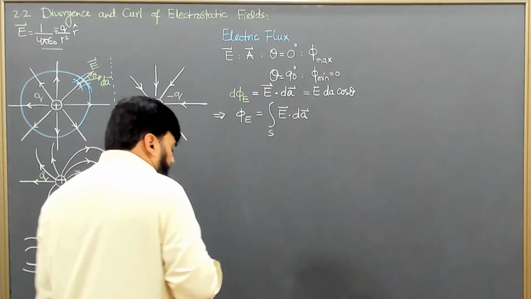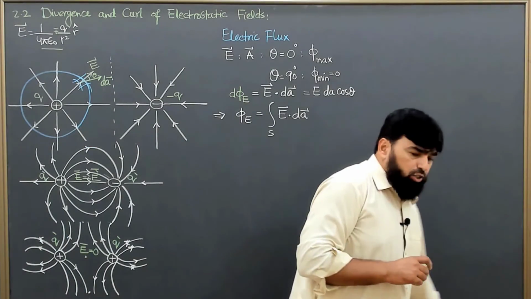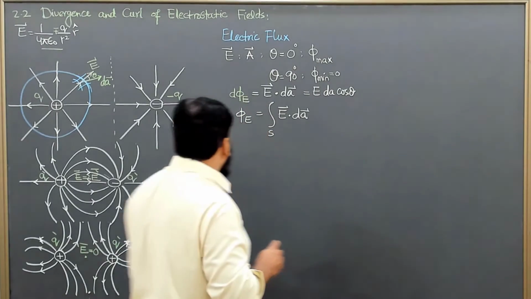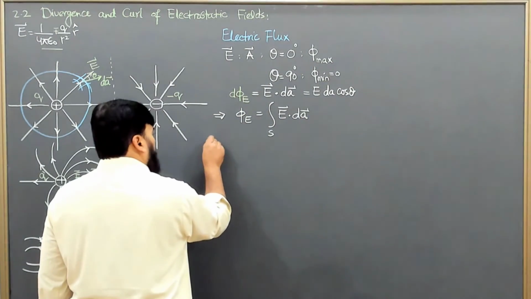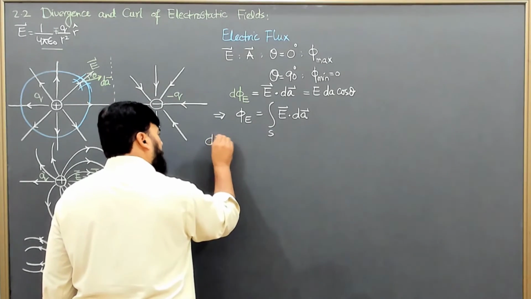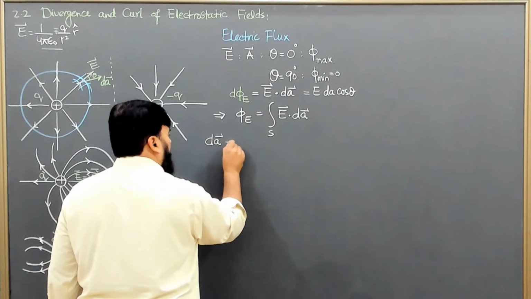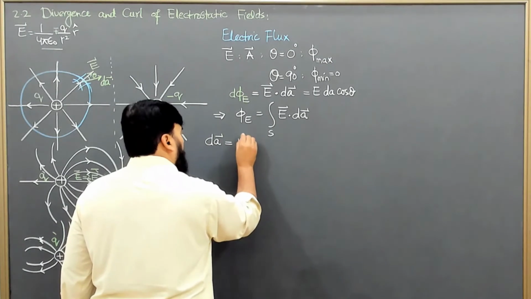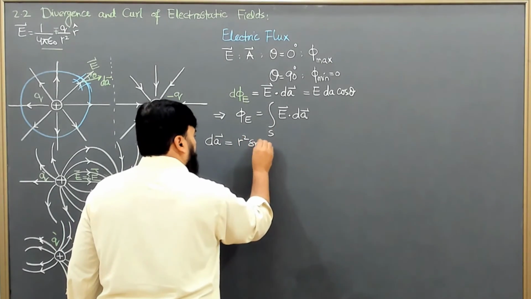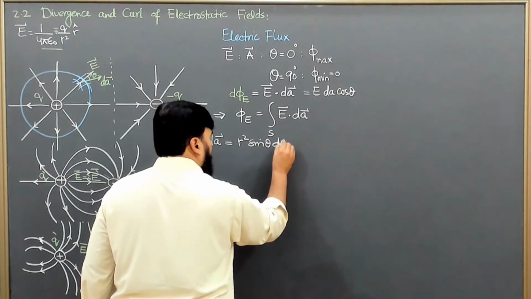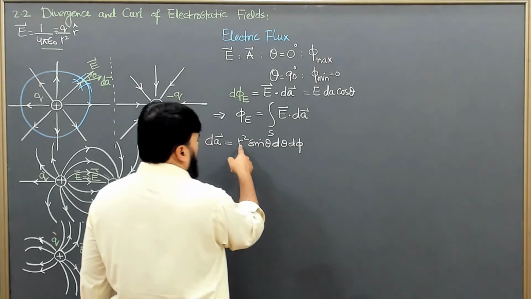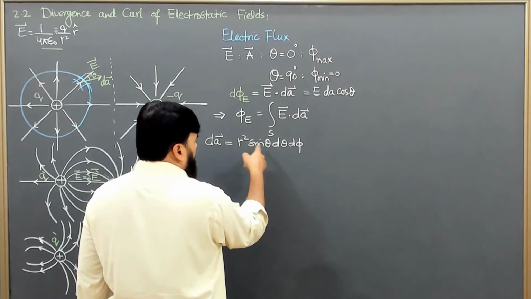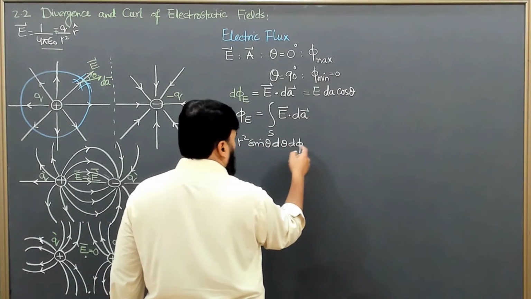Now in spherical polar coordinates we have already calculated what dA is: dA is equal to r squared sine theta d theta d phi, times the unit vector r hat, where r squared is constant and theta and phi are varying.